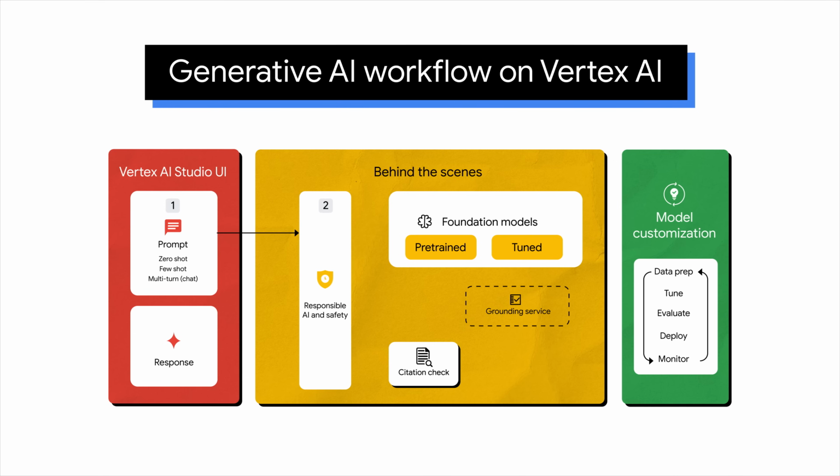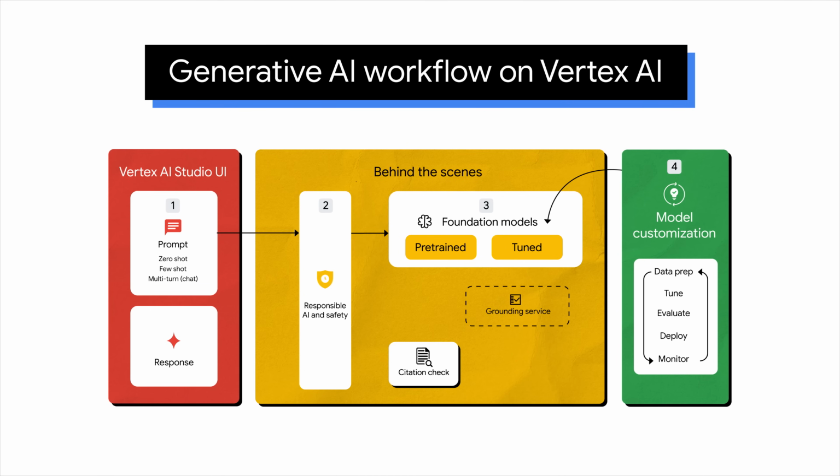Input prompt. Via the Vertex AI Studio UI, input a prompt, a natural language request to Gen AI models. Responsible AI and safety measures. The prompt undergoes responsible AI and safety checks, configurable through the UI or code. Foundation models. The screened prompt proceeds to foundation models like Gemini multimodal or other Gen AI models like Imagen and Codey based on your choices.